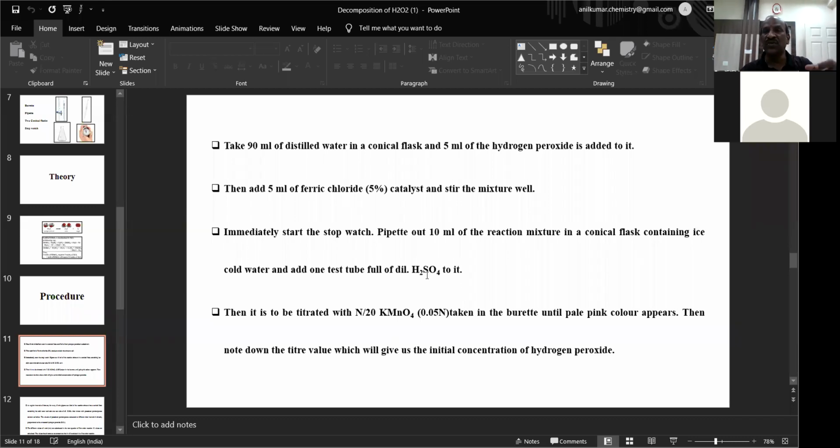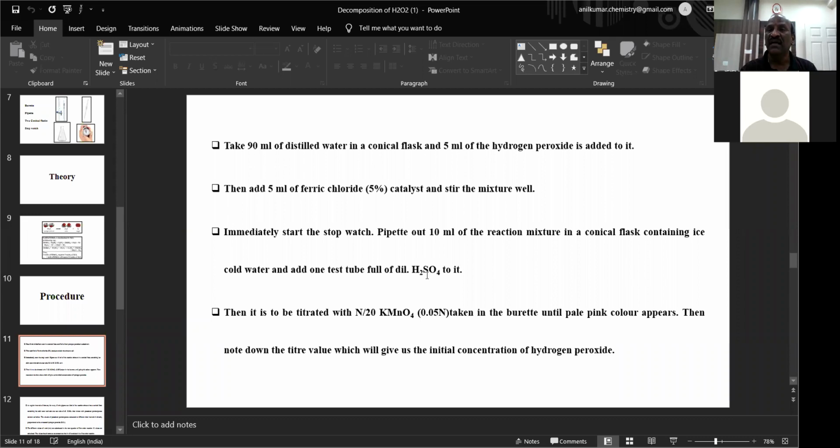So immediately you have to shake it thoroughly, and within a fraction of a second, in a few seconds, you have to transfer the 10 ml of the reaction mixture into the ice cold water and H2SO4 conical flask.